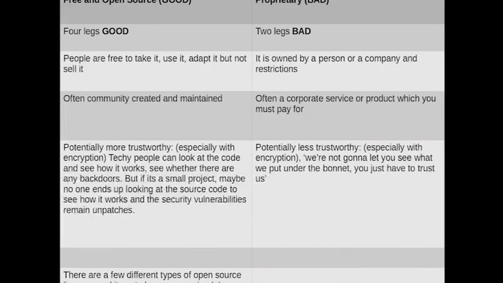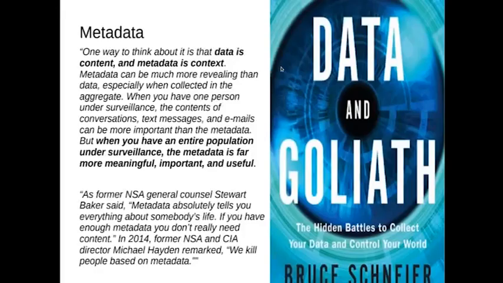You don't really own it, which is especially concerning if you pay for a device that has surveillance capabilities over your private life, but you're not allowed to know what that software is doing, or somebody you trust isn't allowed to see what that software is doing. Under the bonnet, so to speak.